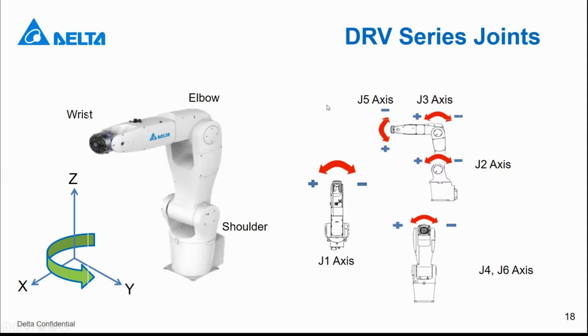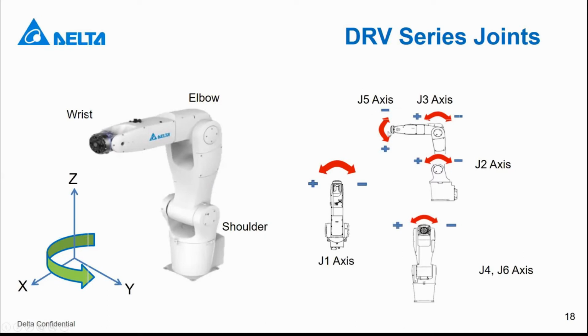And on the right side, we'll introduce the axis joints. You can see the first joint is on the base of the robot, and you rotate the whole arm in this direction. Joints 2, 3 and 5 are parallel. Joint 2 is on top of the base, and joint 3 is the connection between arm 1 and arm 2.